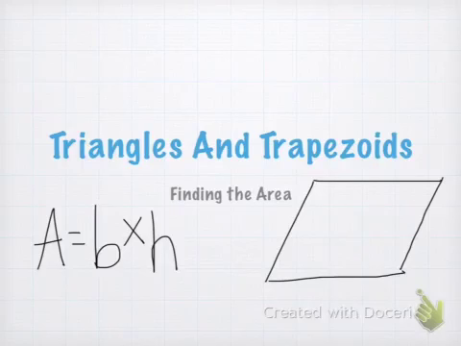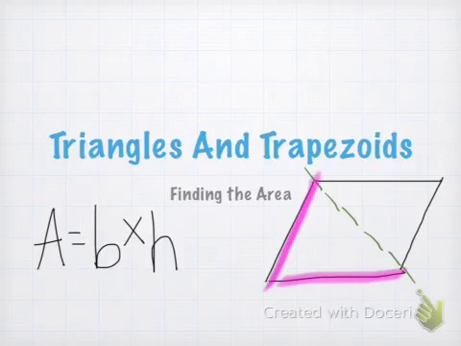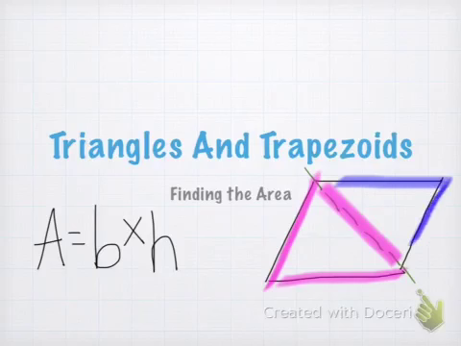But what I want to do with this parallelogram is actually divide it into two pieces where we go from vertex to vertex, corner to corner. And what I want you to observe that has to relate to triangles is that it actually forms two triangles. So here's one triangle, and then we actually have the other triangle over here on this side.